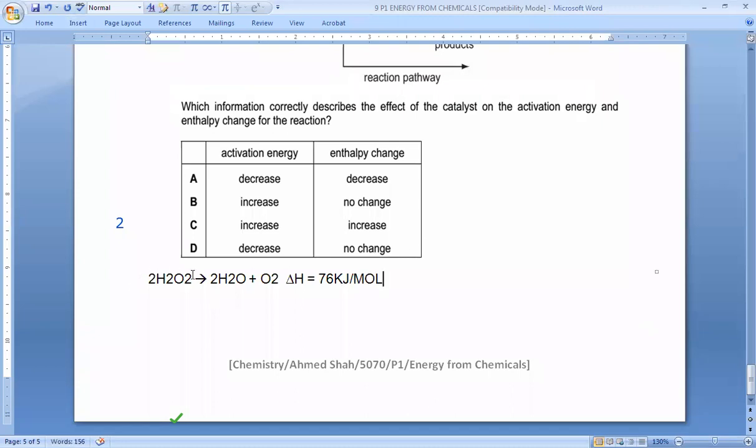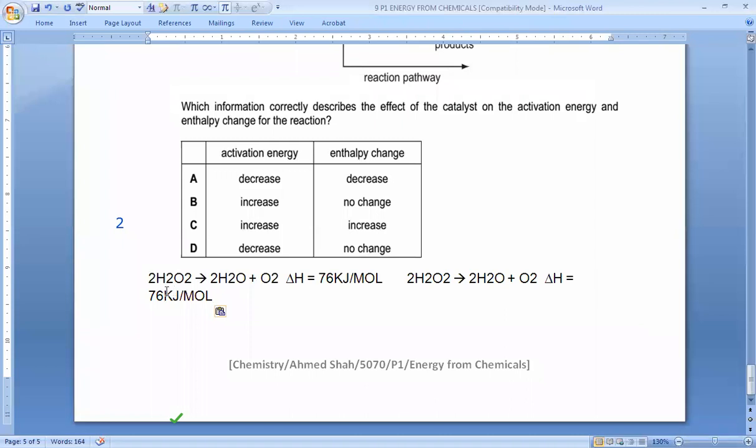This is absence of catalyst. But presence of catalyst, the same equation can be written with a little change here.